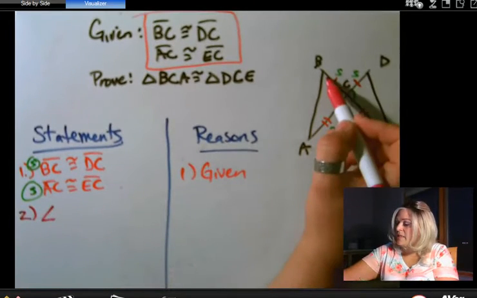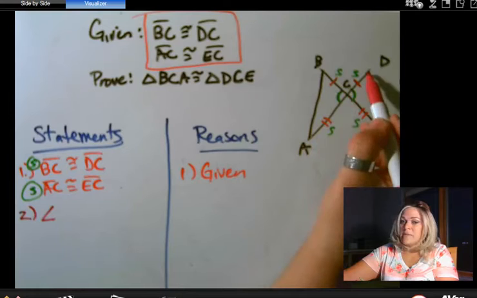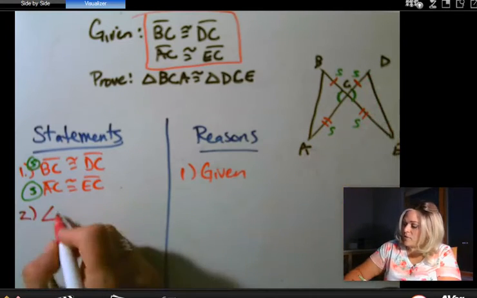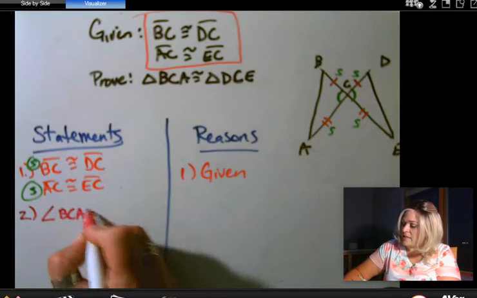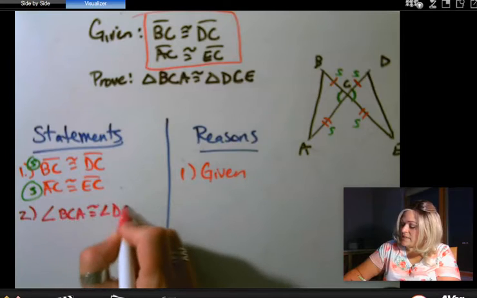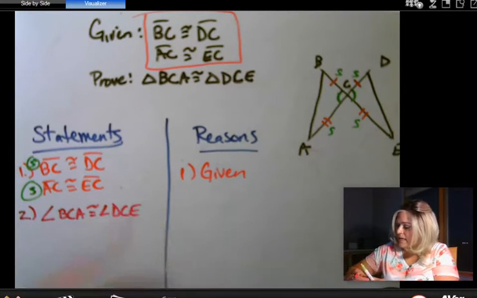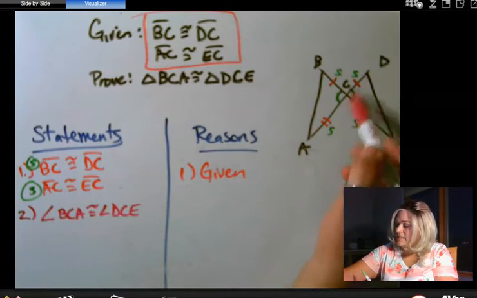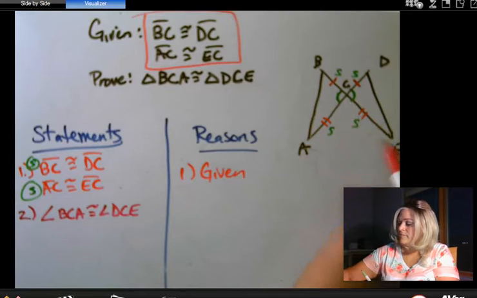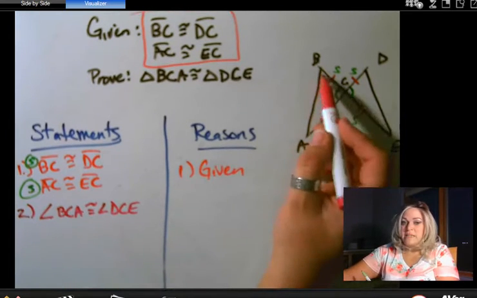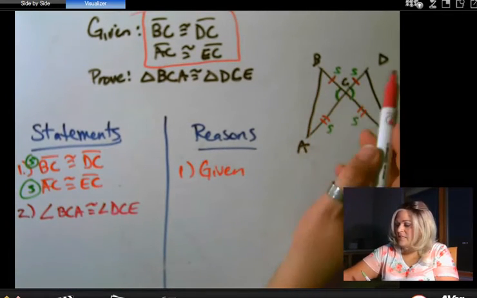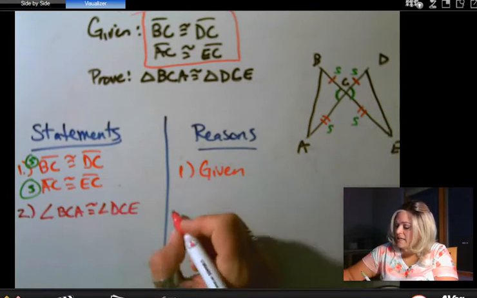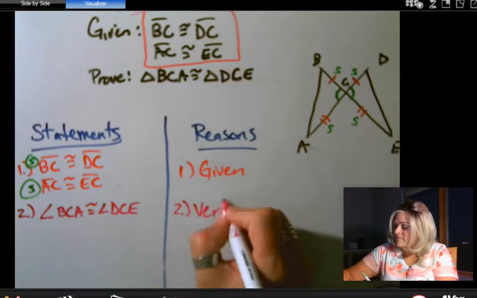I'm going to go from BCA and then do that same order, DCE. Angle BCA is congruent to angle DCE because of vertical angles.